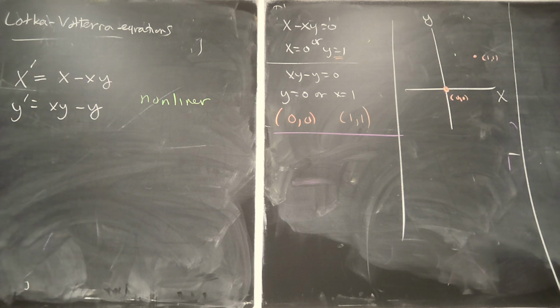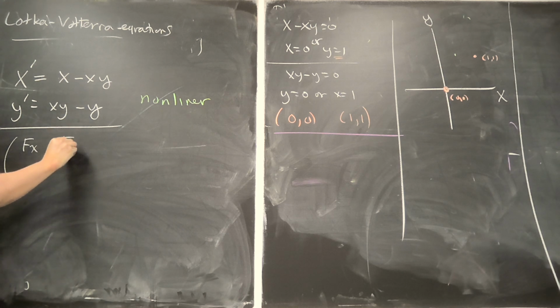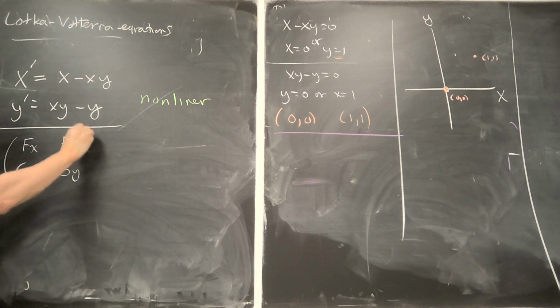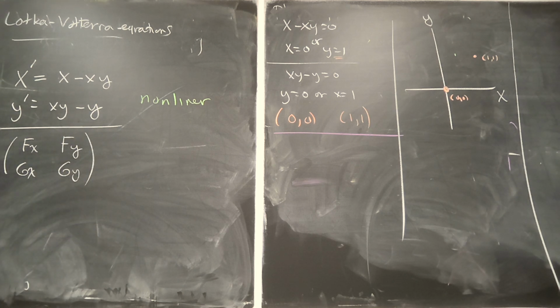So I don't know if you guys remember the Jacobian matrix, but it's back. So we're going to look at the matrix J, which looks like the derivative of f with respect to x, the derivative of f with respect to y, the derivative of g with respect to x, the derivative of g with respect to y. Remember this from the change of variables theorem? Here it is. This is a way of basically turning a nonlinear function into a linear one.